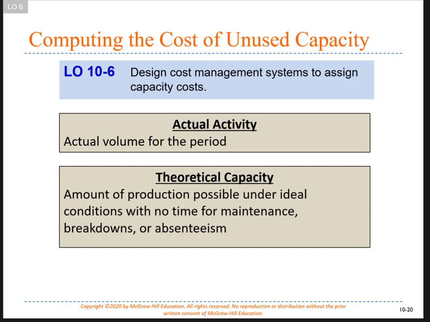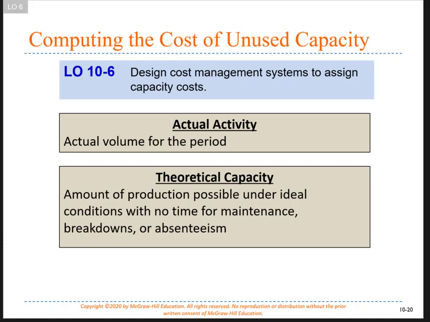A couple of terms when we're talking about capacity. Theoretical capacity is the idea that if everybody was working perfectly, we could achieve this amount of volume. No downtime, no breakdowns, nobody's missing.